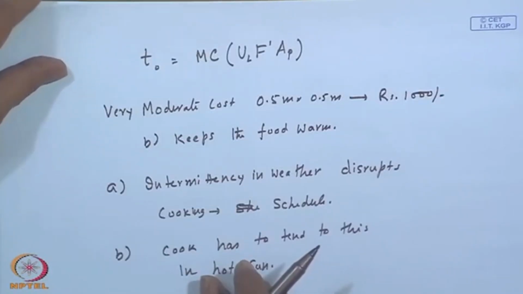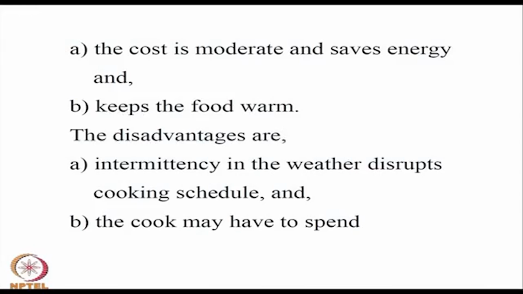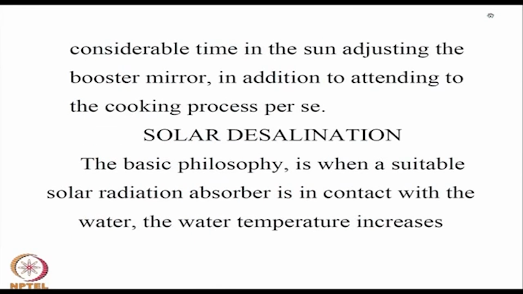Possibly he has to spend some time outside in moving it to the position where there is no shadow, and changing the tilt of the mirror booster so that the reflected radiation will fall on the solar cooker. So, of course, there may be some cooking process itself that needs to be attended to, like you may like to stir the dal or the vegetable once in a while, so you have to go out.